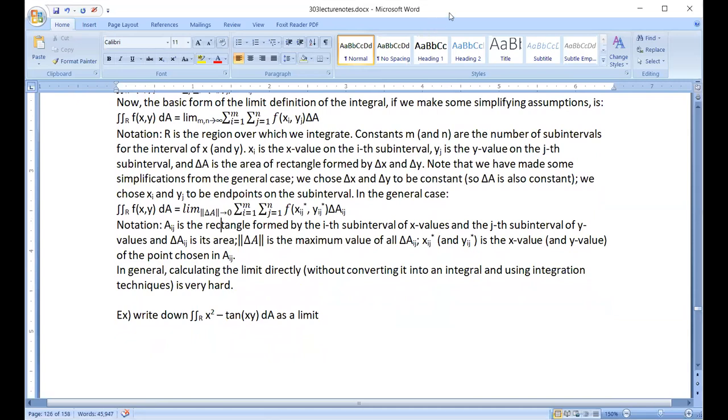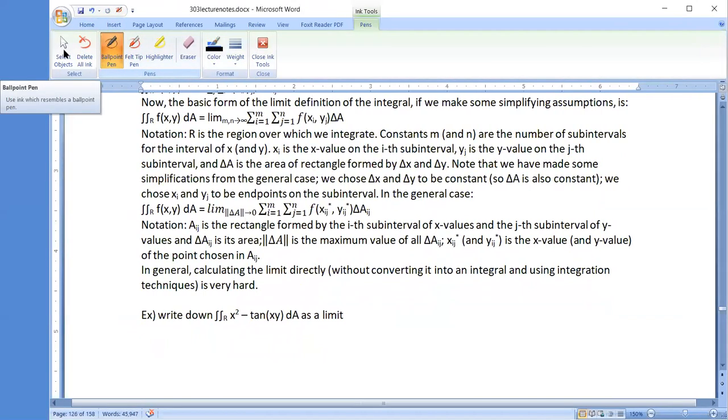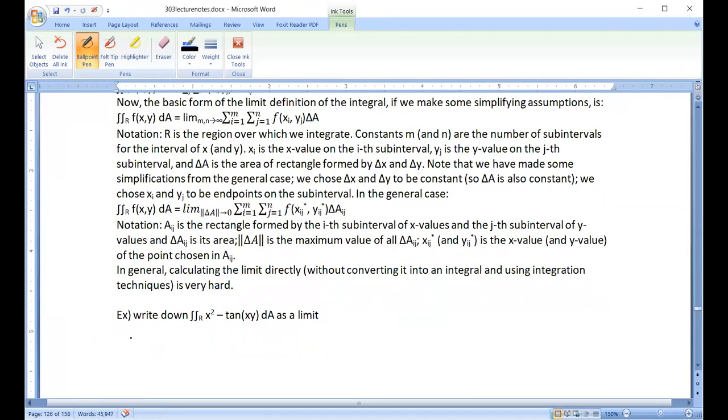So let's just do it in the first simple case. So this double integral, there's your function, dA equals the limit as m and n go to infinity of, we need the double sum. So the sum as i goes from 1 to m, that covers the sum over x values. The sum as j goes from 1 to n, that covers the sum over all y values.